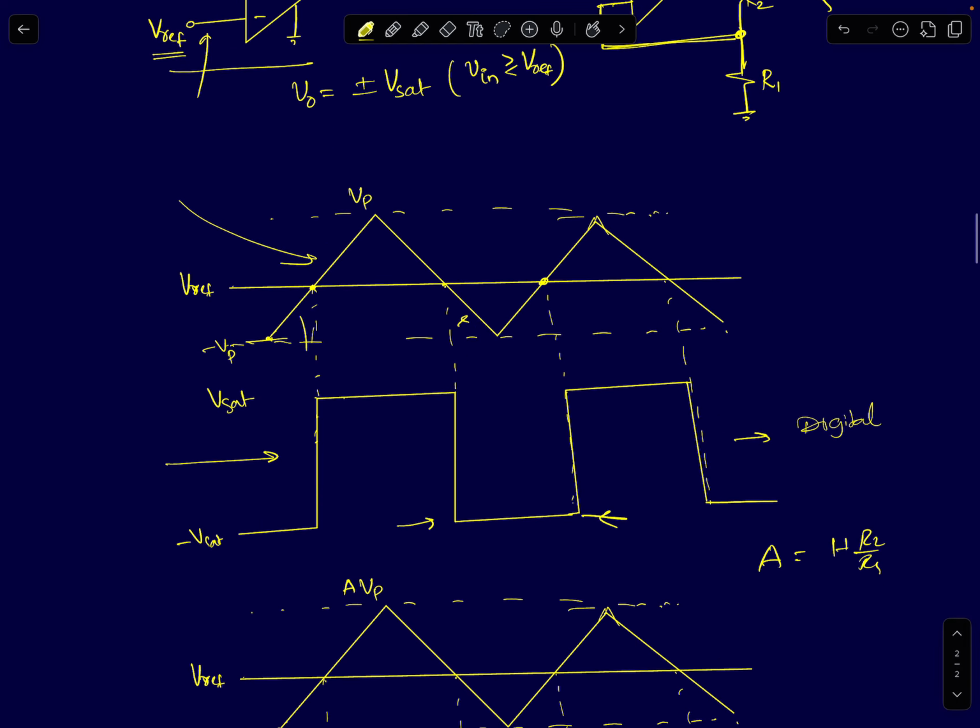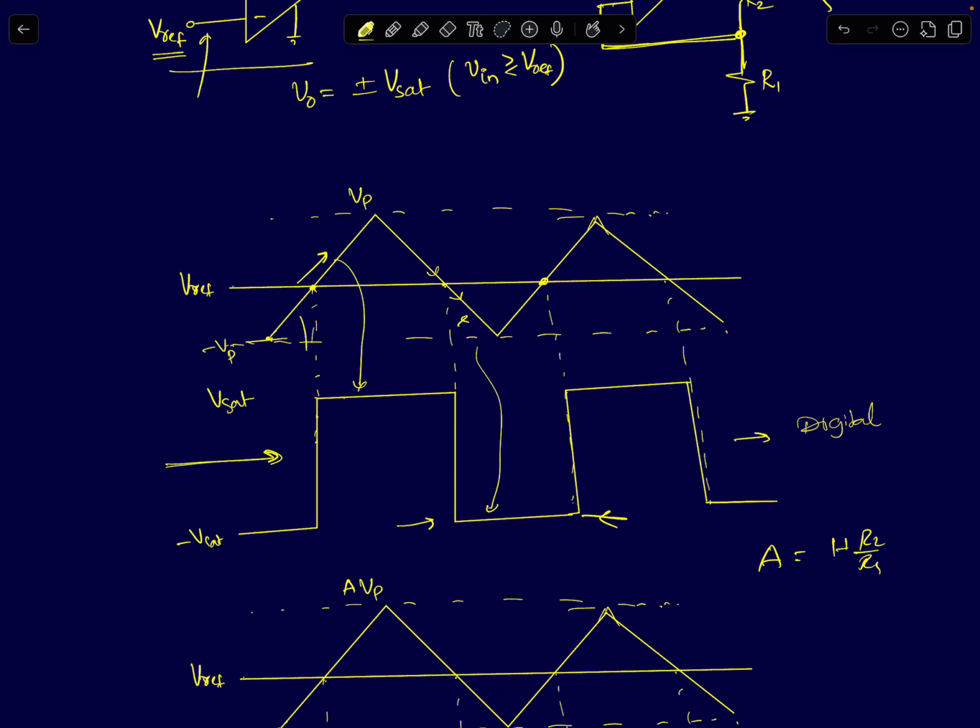For a comparator, every time your input signal crosses the voltage level Vref in the positive direction, which is when your input signal becomes greater than the reference voltage, the output goes to plus Vsat. And every time your input signal goes lower than the reference voltage level, the output signal goes to minus Vsat. This is for a comparator.